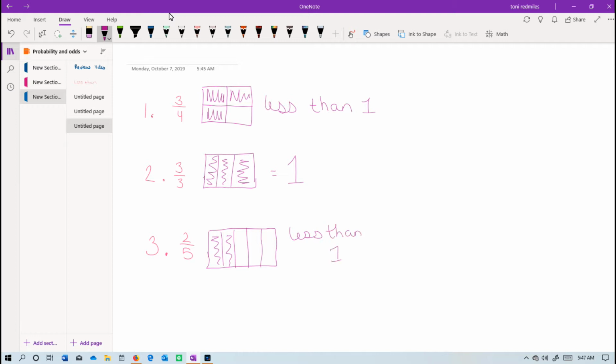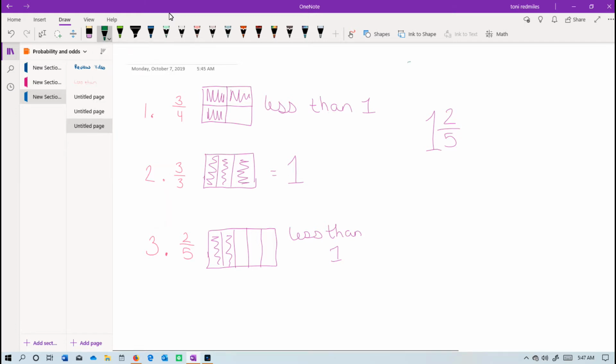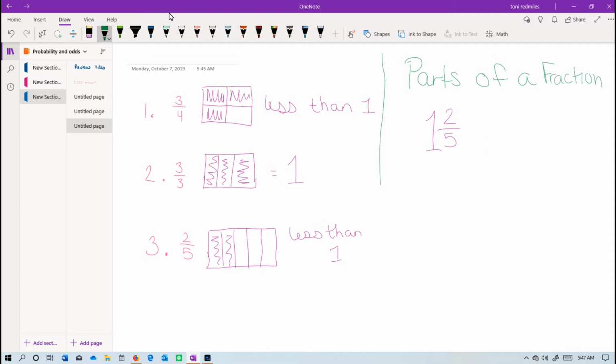So let's talk about the different parts of a fraction. I'm going to use this 2/5 as my model, but I'm going to put a 1 in front. Say it's 1 and 2/5. Let's talk about the parts of a fraction. This 1 is the whole number value.